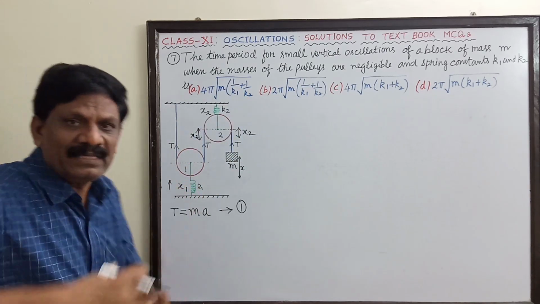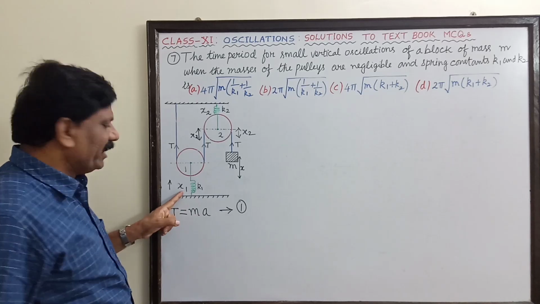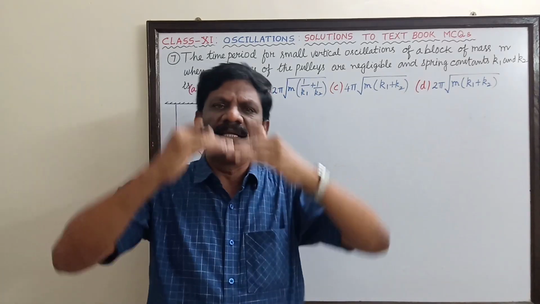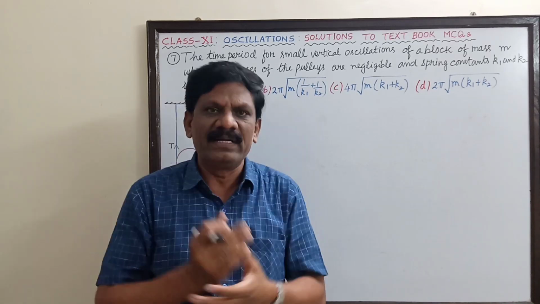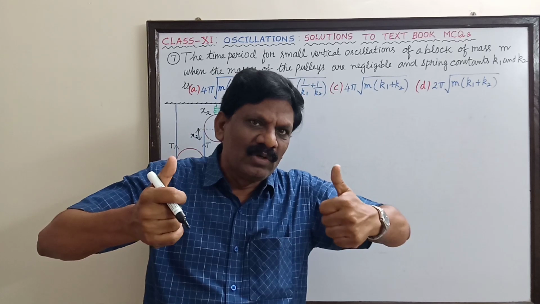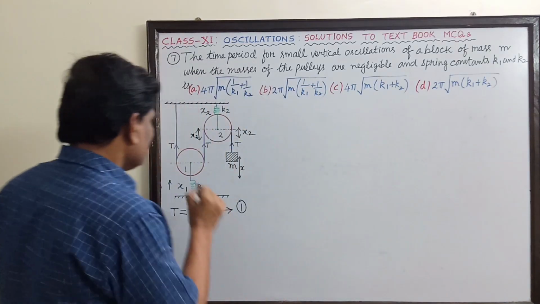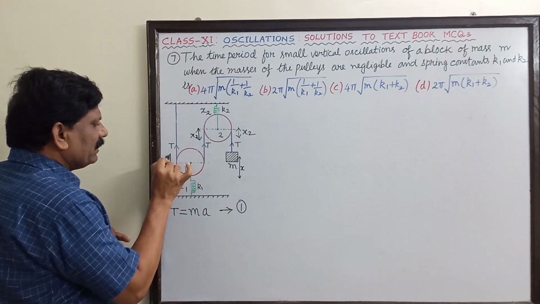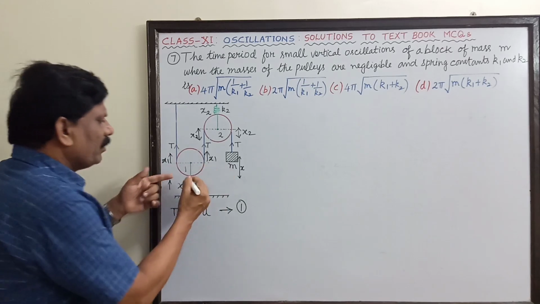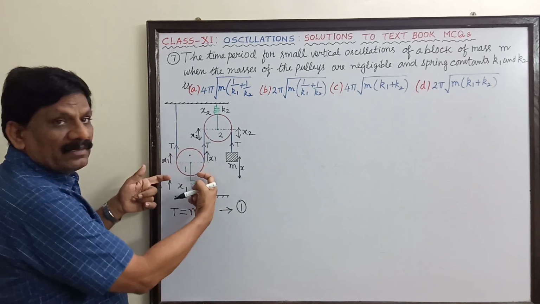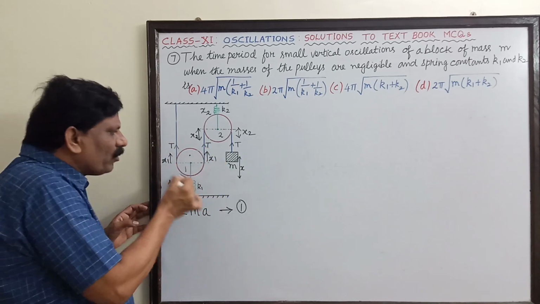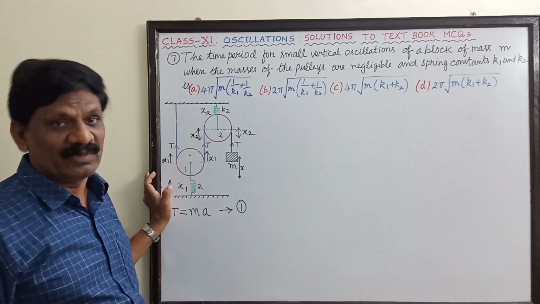When the spring is stretched by x1, pulley 1 also moves through the same distance x1 in the upward direction. As a result, the length of the string elongates by x1 on the left side and another x1 on the right side. So the pulley moves to a new position through a distance x1, but the string passing over the pulley is extended by 2x1.